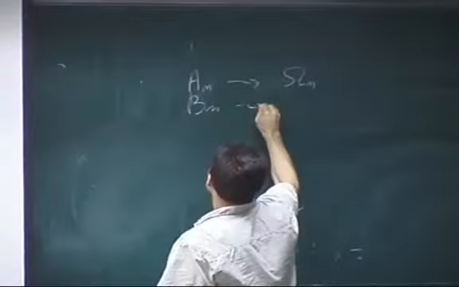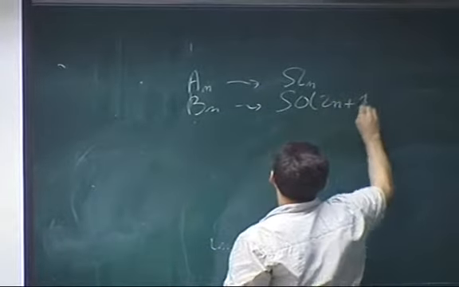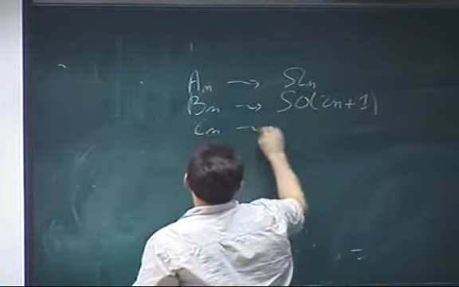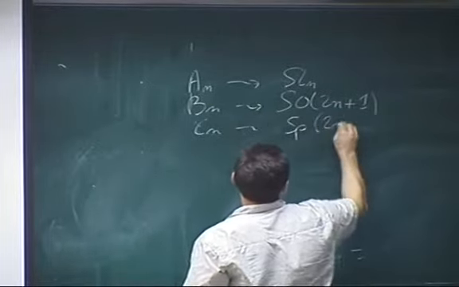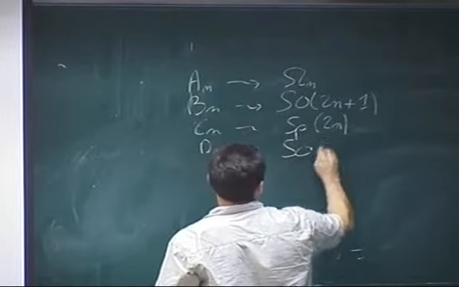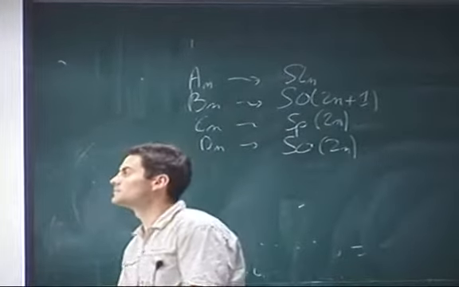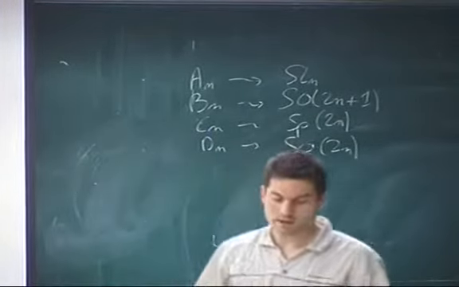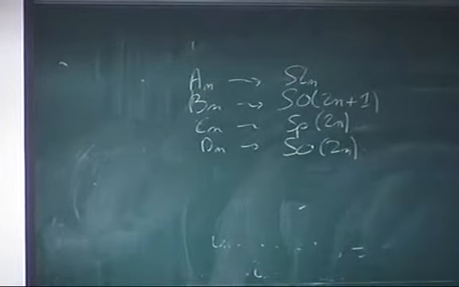Bn corresponds to SO2n+1, Cn corresponds to the symplectic group Sp2n, Dn corresponds to SO2n, and the other types are called exceptional groups. So for each diagram we have exactly, no, not exactly one group, but finitely many groups.